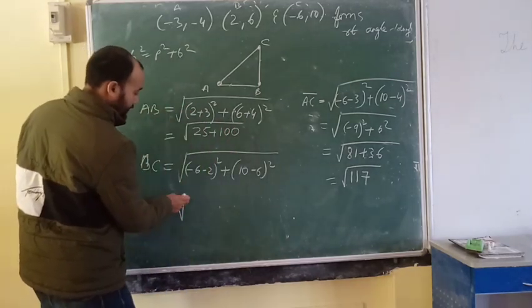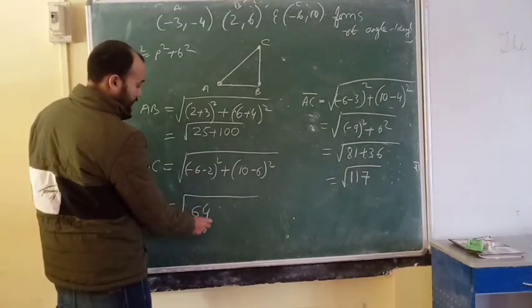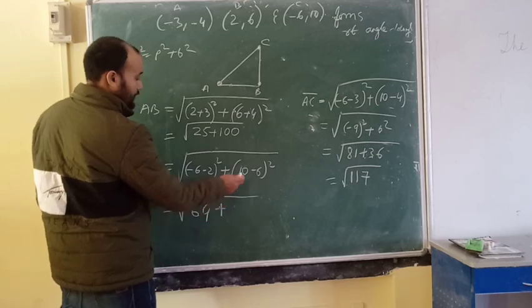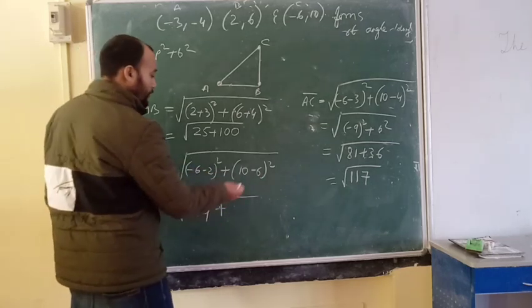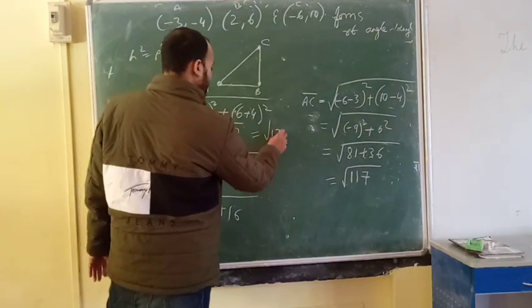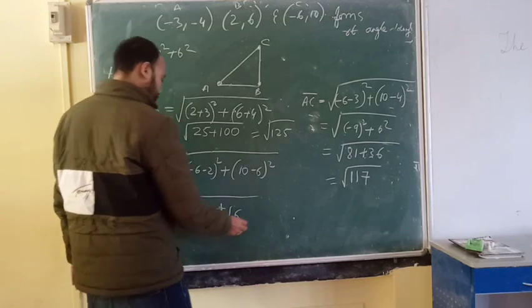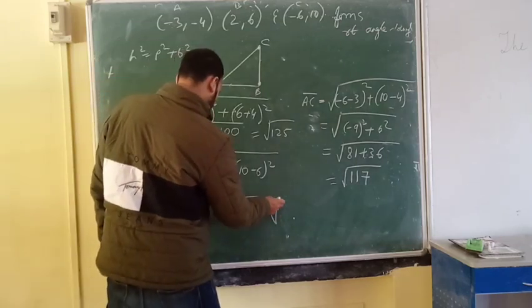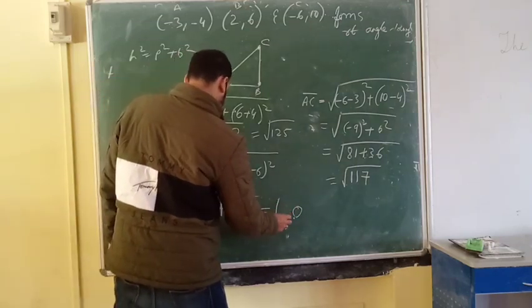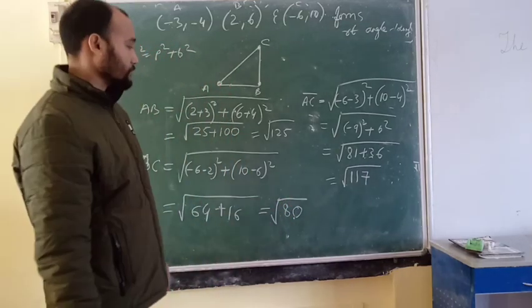Minus 8 squared is 64, plus 4 squared 16, so this is root 125, and this is 80.